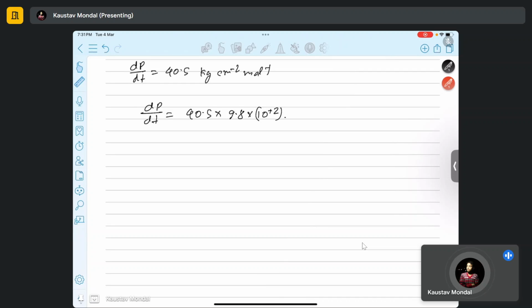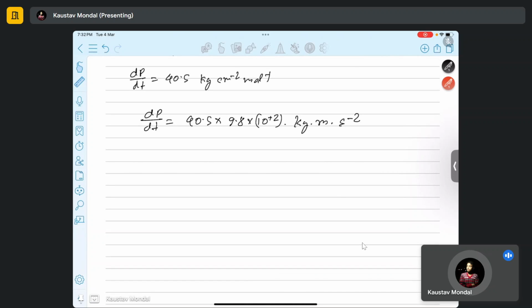So in this way it would become kg per meter into second square. Okay, so in order to change the units from this mass per area to a pressure unit, we have multiplied with the gravitational force constant, right? And centimeter we have converted into meter, so that's why the 10 to the power plus 2 factor had come. Okay, and rest is same, mole inverse, Kelvin inverse. There should be a Kelvin inverse here also. Okay, so that's it.